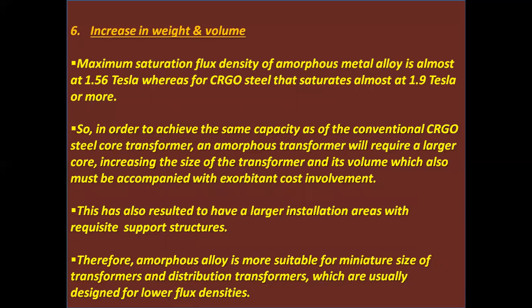So, in order to achieve the same capacity as a conventional CRGO steel core transformer, an amorphous transformer will require a larger core, increasing the size of the transformer and its volume, which also must be accompanied with exorbitant cost involvement. This has also resulted in larger installation areas with requisite support structures.